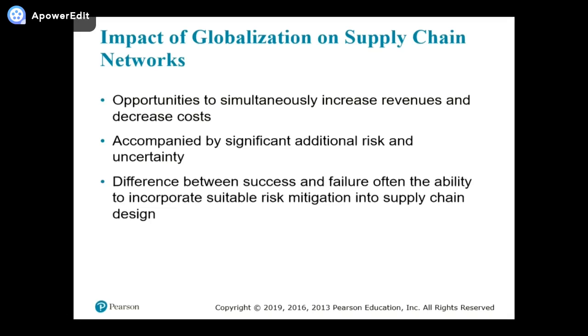The difference between success or failure of a supply chain is often whether it is able to find suitable risk mitigation strategies. For example, some companies have succeeded in incorporating flexible capacity into their supply chain, and that has helped, for example, Toyota and Honda in dealing with demand fluctuations in the economic downturn.